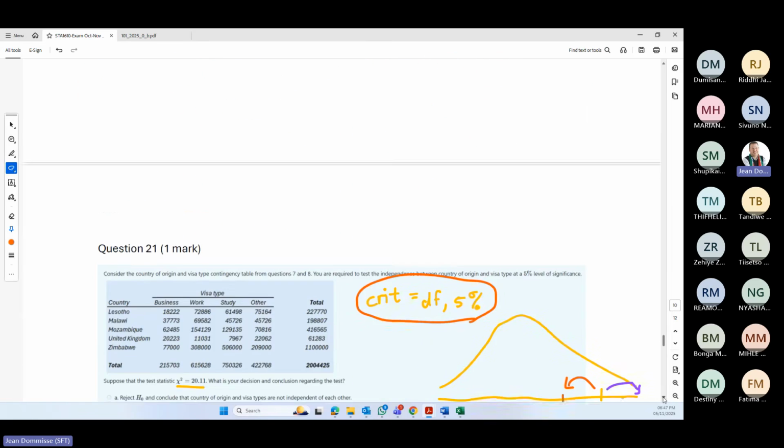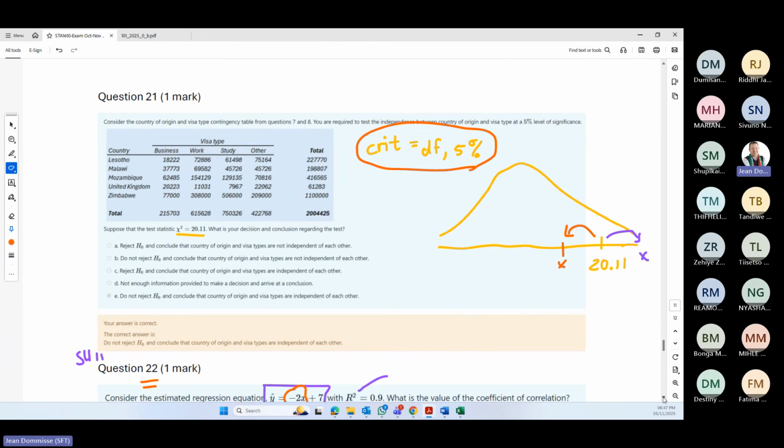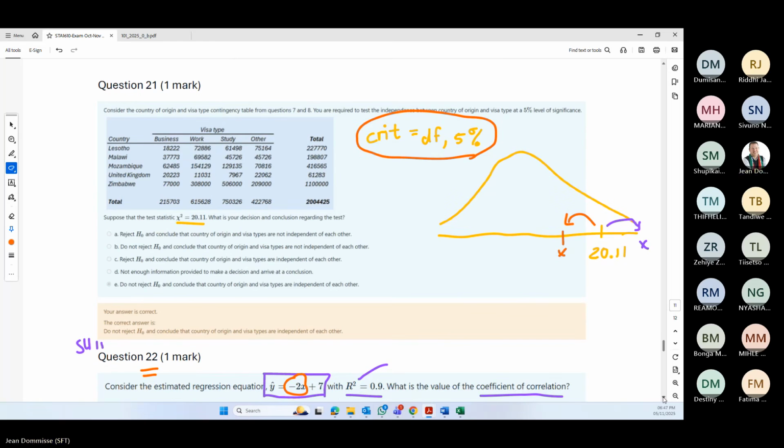Okay, so let's look at question 21. Consider this. First we need to work out a critical value.